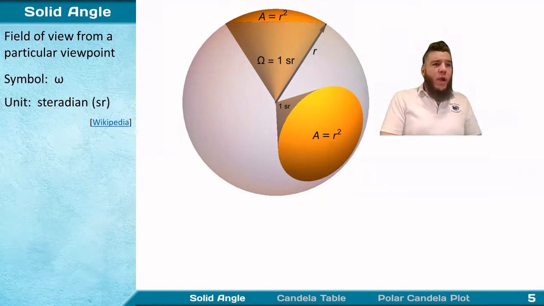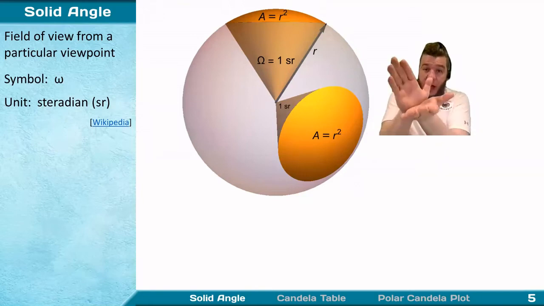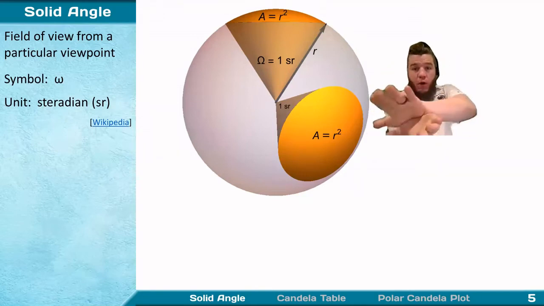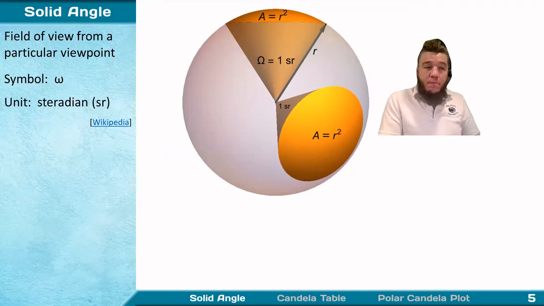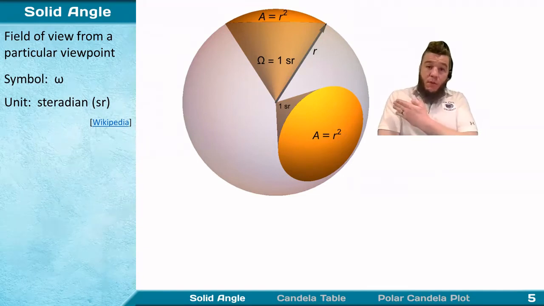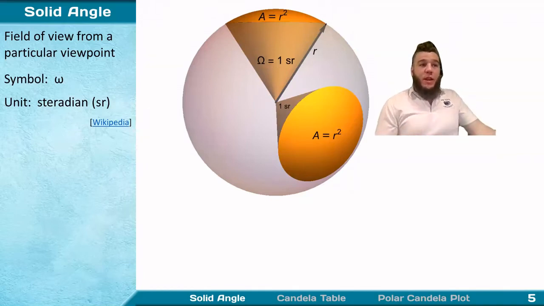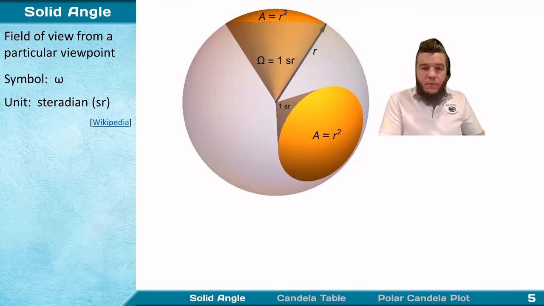And so the way that works is we have a cone that's projected onto the surface of a sphere, revolved around a central apex angle. And the definition of 1 steradian here is any area on the sphere which is equal in area to the square of its radius when observed from the center.